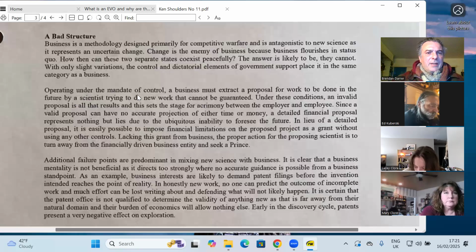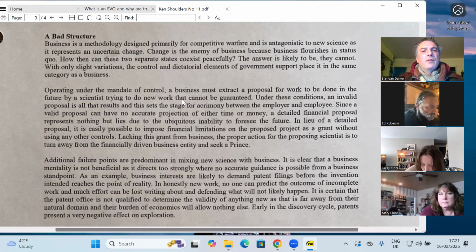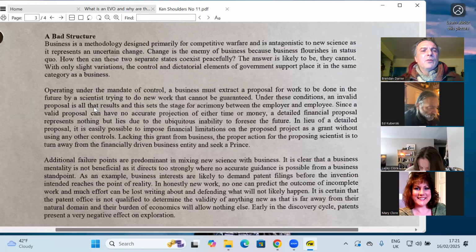Operating under the mandate of control, a business must extract a proposal for work to be done in the future by a scientist trying to do new work that cannot be guaranteed. Under these conditions, an invalid proposal is all that results, and this sets the stage for acrimony between the employer and employee.